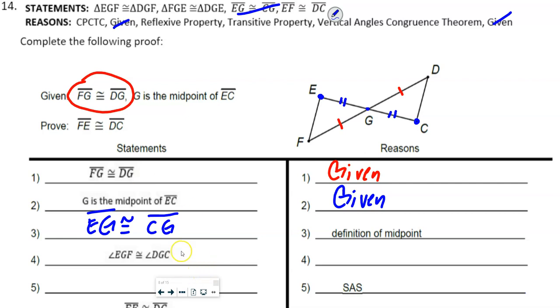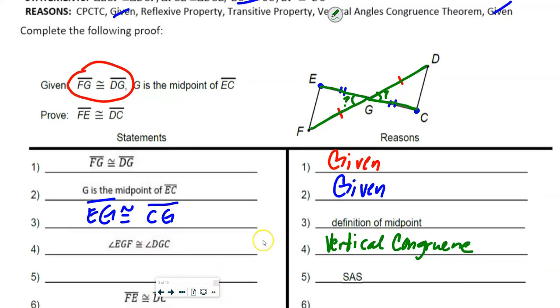Okay, then it says angle EGF, so it's talking about this angle, is congruent with DGC, that angle. So why are those angles congruent? Because they're vertical angles, right? So this is the vertical angles congruence theorem. So I'm just going to write vertical angles congruence, okay?